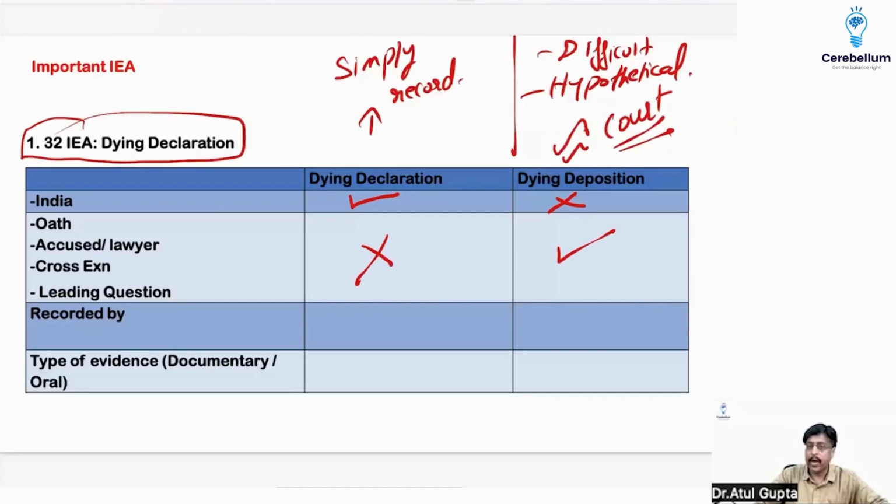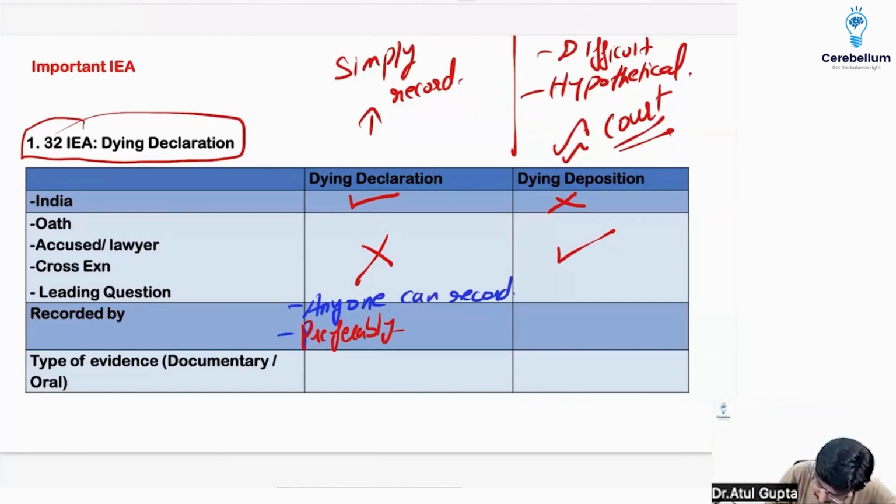Who can record a dying declaration? Anyone can record. Even a dudwala can record a dying declaration. But preferably, it should be done by a magistrate.